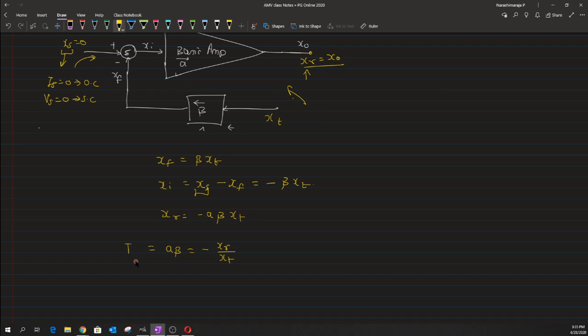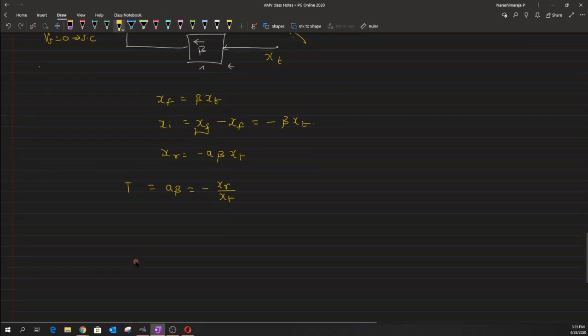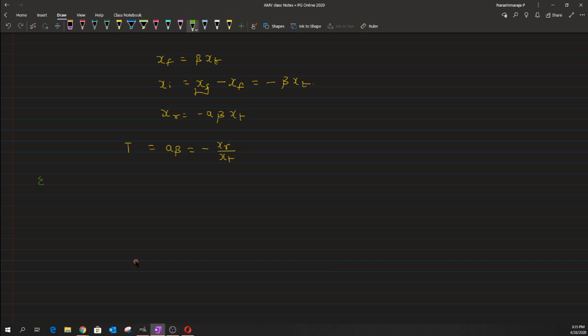But however, in breaking this feedback loop of a practical amplifier, one has to ensure that the conditions that existed prior to breaking the loop does not change. Okay. So probably this might be some sort of confusion that you might have.